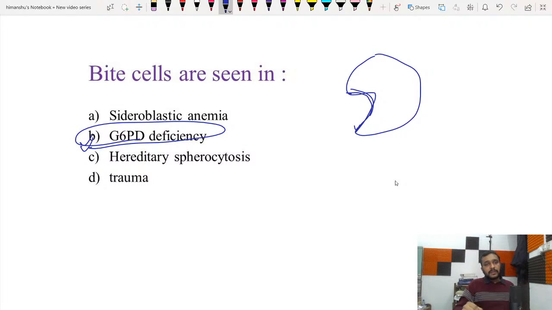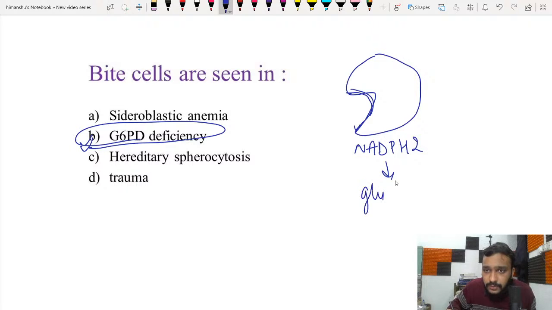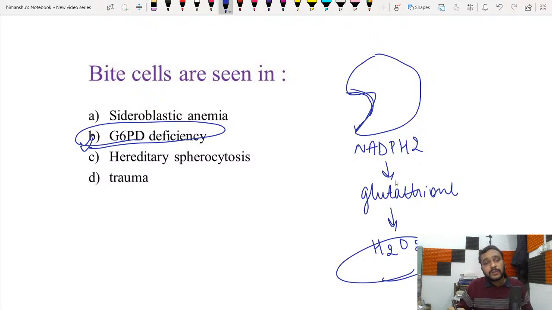Basically G6PD helps in the formation of NADPH. This NADPH reduces glutathione, and glutathione further reduces H2O2. So once this enzyme is deficient, H2O2 is not neutralized, and this increase in H2O2 within the RBCs causes their hemolysis.